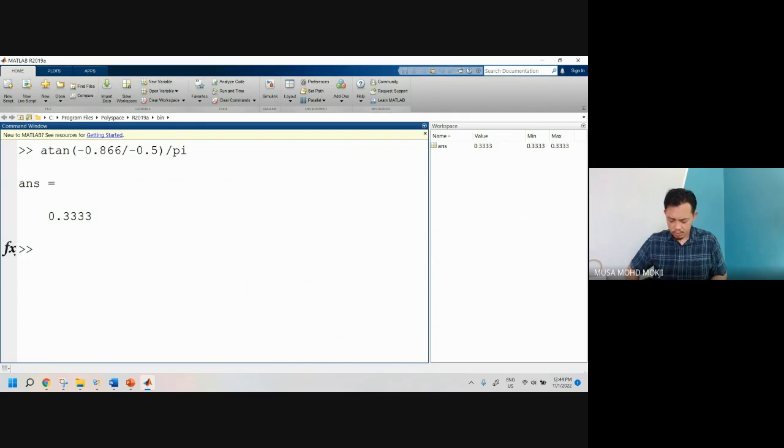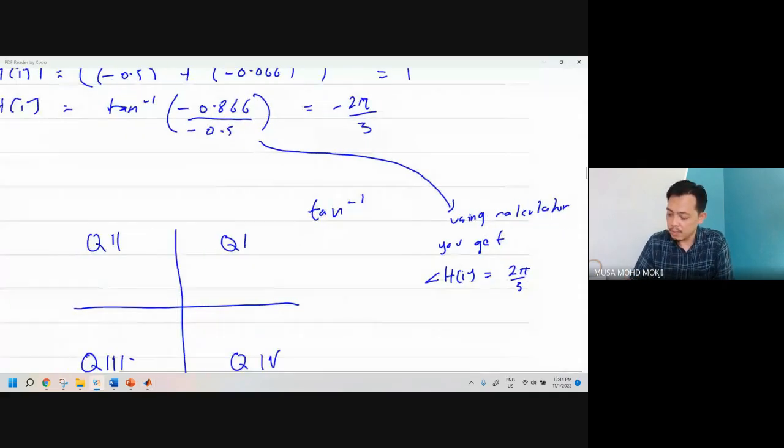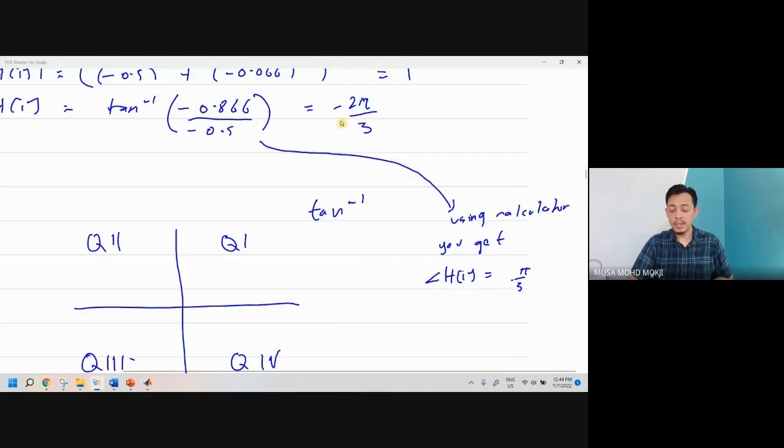Okay, 0.333 is actually 1 over 3. So I'm going to correct that. This is actually pi over 3. Even with the calculator, what you will get is 1 over 3. So it's not a negative 2 pi over 3.